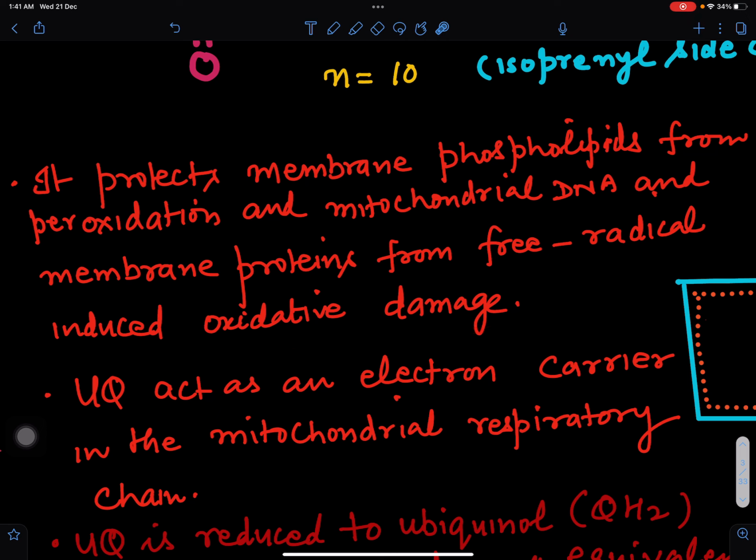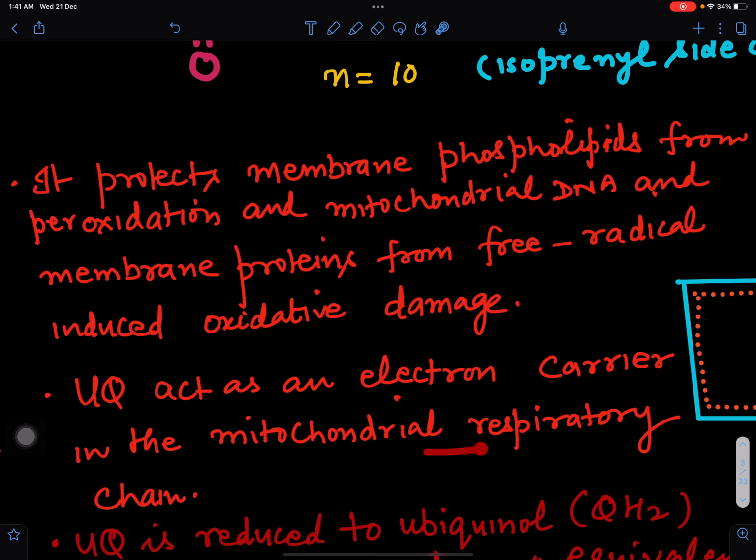This is mostly found in the mitochondrial membrane, where ubiquinone acts as an electron carrier or helps in electron transport. So in the inner membrane of the mitochondria, there is a mitochondrial respiratory chain, which we'll discuss in the next video, and I'll share the link in the description box.